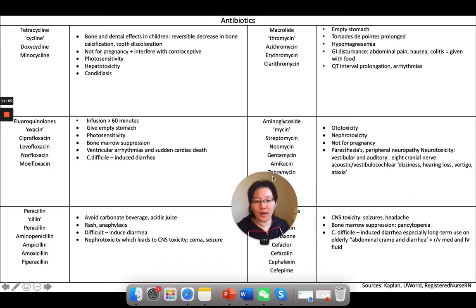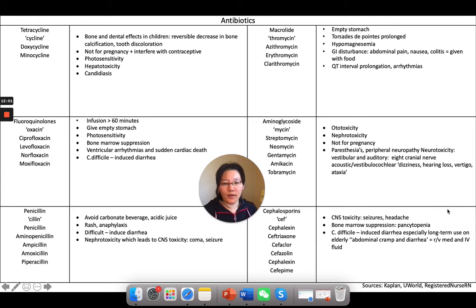Antibiotic. With antibiotics, we just have to remember the side effects and adverse effects. But I group them into different categories as well. In my next presentation, I will show you an example of how all of this can be summarized into an easy way of memorizing them.